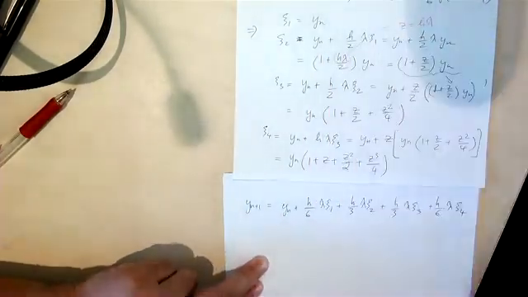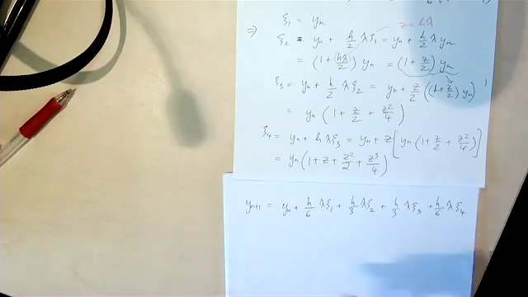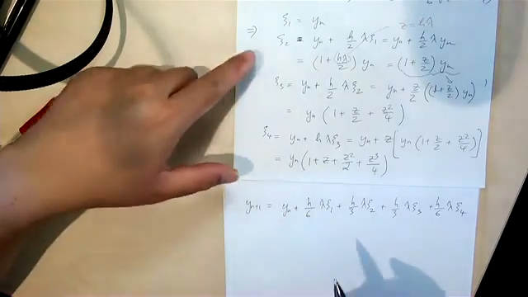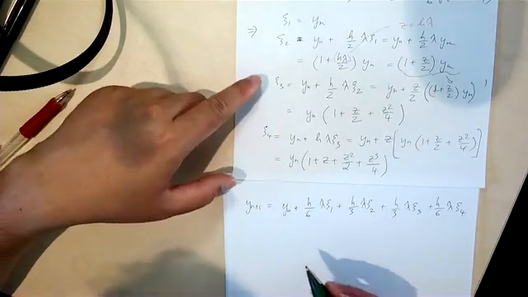Based on this formula. And now I just plug it in. I have my xi 1, xi 2, xi 3, xi 4 already.